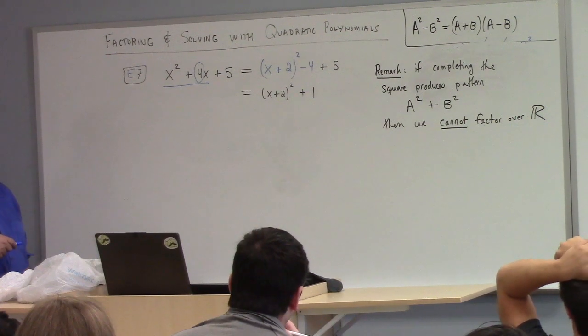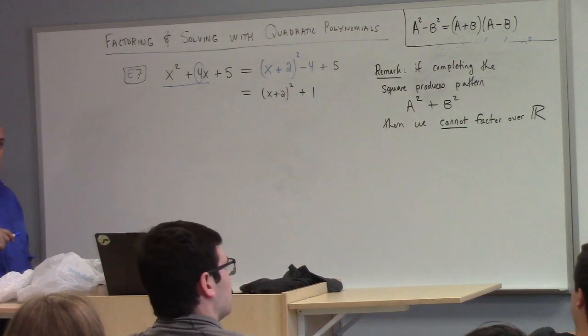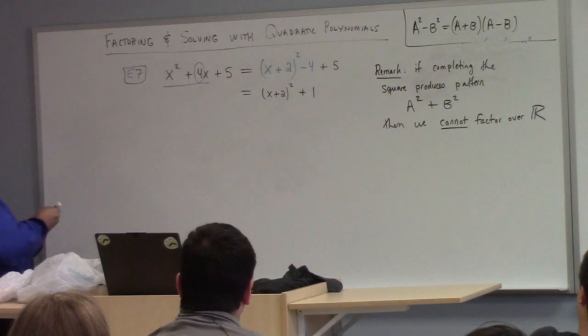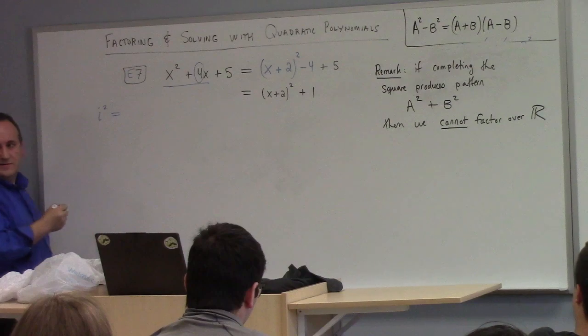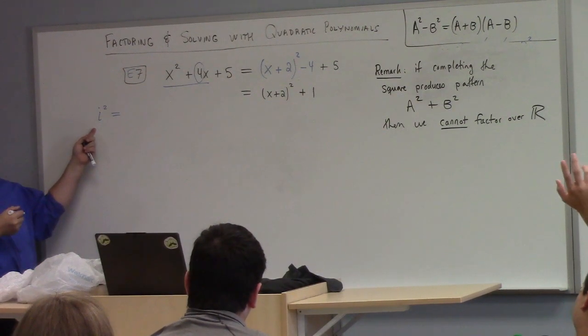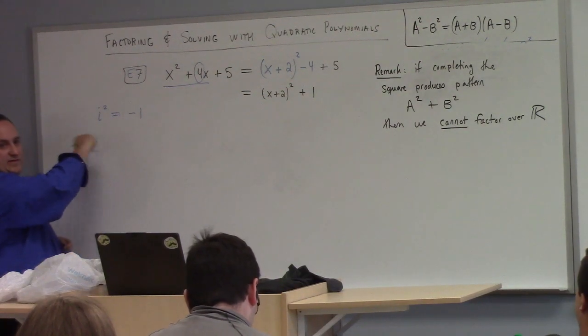So we can't factor over the reals, but what could we factor over? Imaginary. How can I change that 1 into a square? What is i squared equal to? I squared is negative 1. That's right. So what happens if I multiply this equation by negative 1?